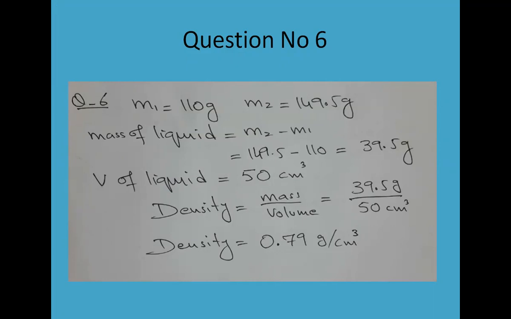The volume of the liquid is 50 centimeter cube. We know the formula of density is mass divided by volume. So the mass is 39.5 gram and the volume is 50 centimeter cube. Enter these values into your calculator: 39.5 divided by 50 equals, and the density will be 0.79 gram per centimeter cube.